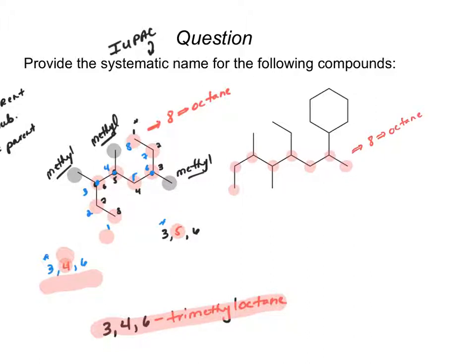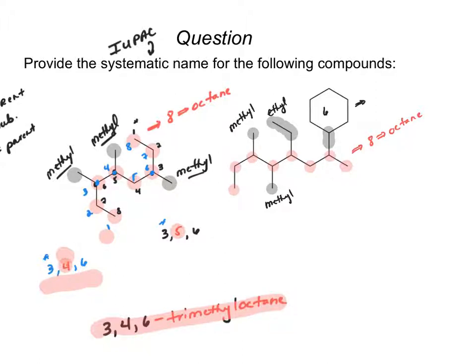So now we're going to identify the substituents. So for this, we've got a methyl, we've got a methyl, we've got an ethyl, and then we've also got this thing up here, right? So we can go ahead and say a methyl, an ethyl, 2 carbons, and now this is a substituent.